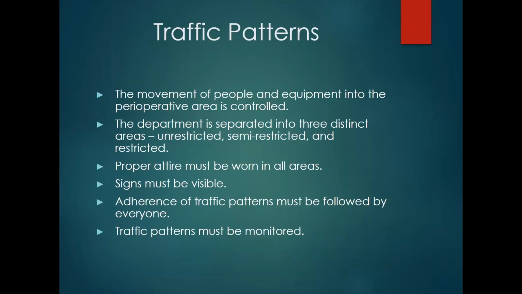The department is separated into three distinct areas: the unrestricted, the semi-restricted, and the restricted. Each area is defined by its level of asepsis. In the semi-restricted and restricted areas, proper attire must be worn. There are signs clearly designating the department areas, and those signs are clearly visible.